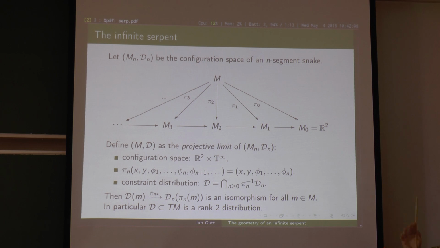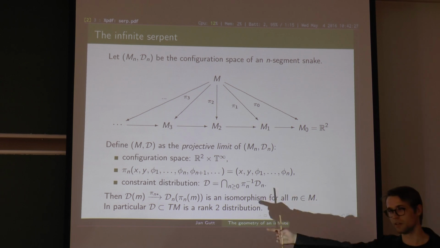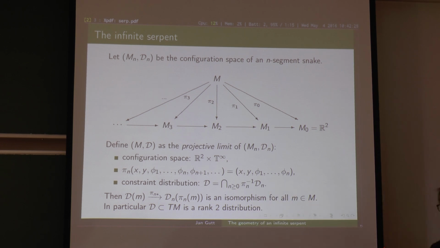So it's a different infinity though. It is a different infinity though. So your snake becomes infinitely long. Yes, exactly. It becomes infinitely long. But somehow you view it as a projective limit of finite snakes, which means that this long snake is filtered by finite length subsnakes, which share the same head.